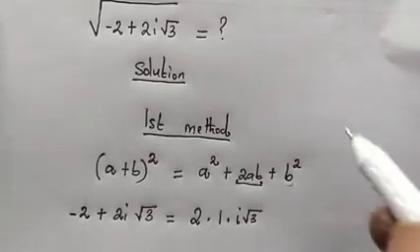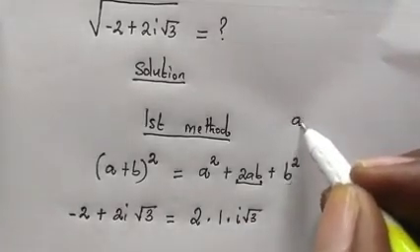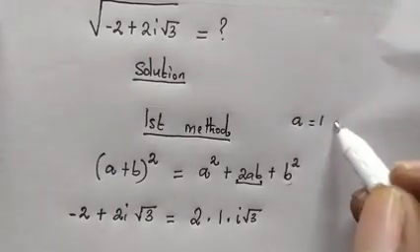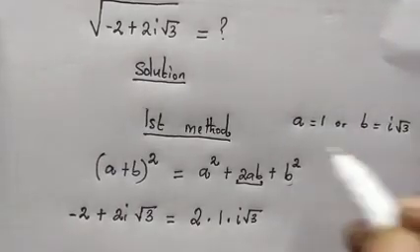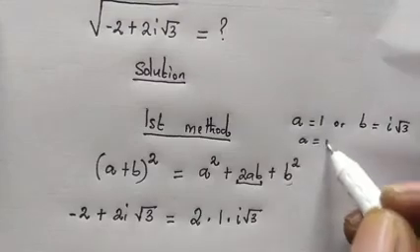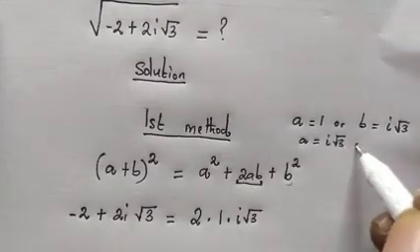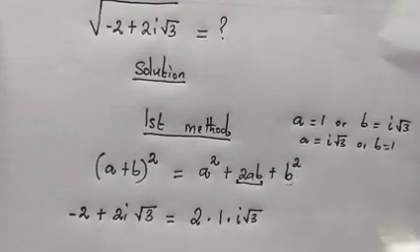So here we can say that either a is equal to 1 or b is equal to i root 3, or a is equal to i root 3 and b is equal to 1.